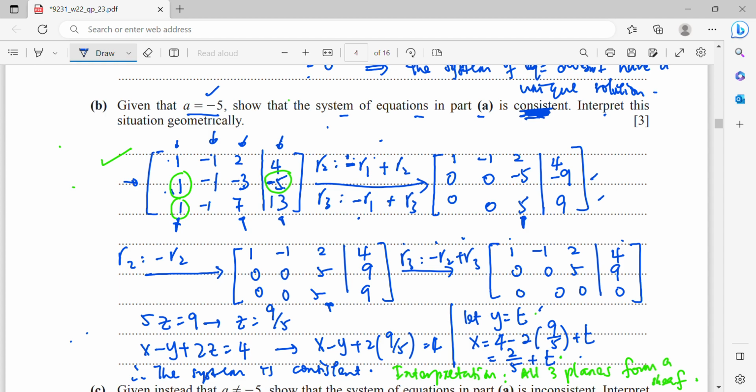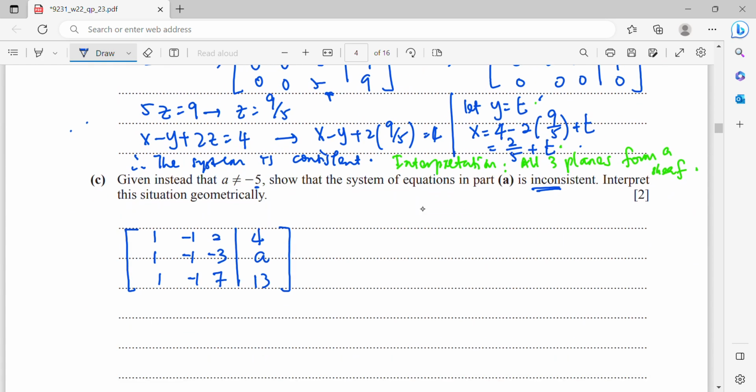I'm still using R2 is minus R1 plus R2, and R3 will be minus R1 plus R3. Same operation as in part B. So first row, just rewrite.